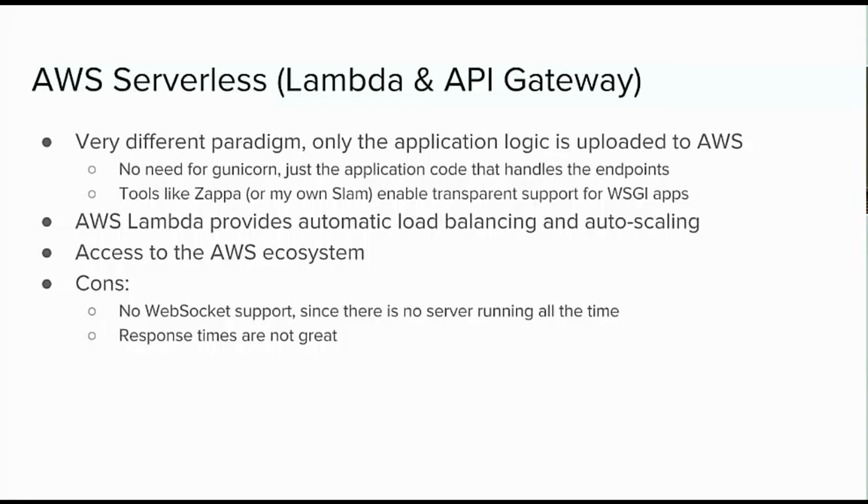So there's no way to keep a connection alive for a long time. So in this case, if I had to do this with Lambda, I would deploy the four services that are not WebSocket as Lambda services, and then I would deploy the only WebSocket service in an EC2 or ECS container.